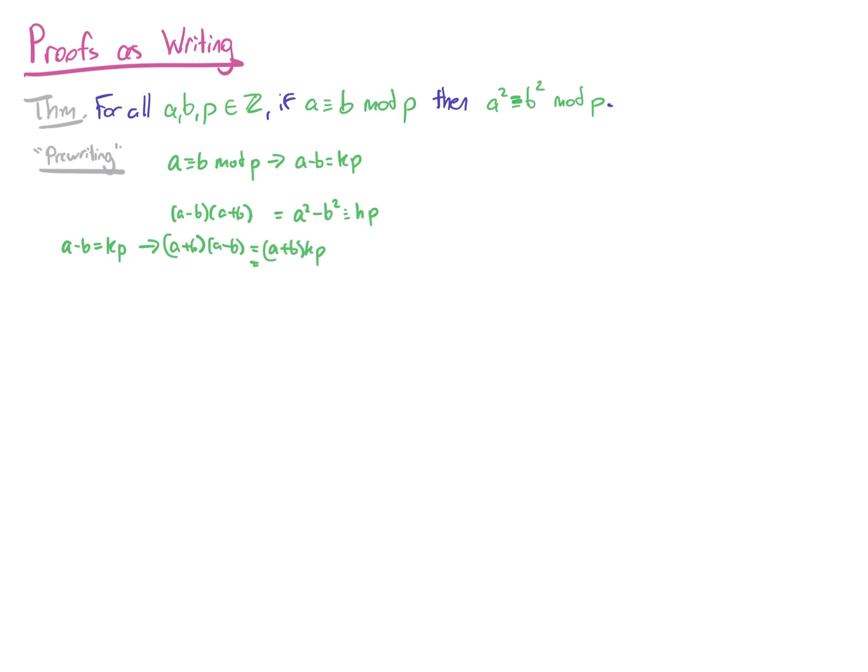And then I simplify. Well, this is a squared minus b squared. And so now what I can see is that the integer h I need is a plus b times k. So this is my insight, if you will.